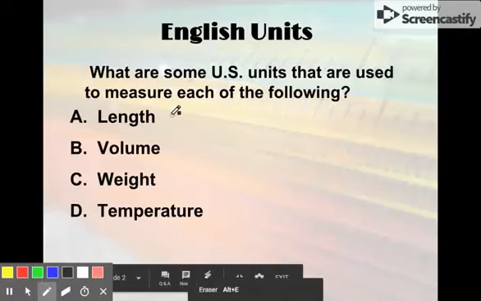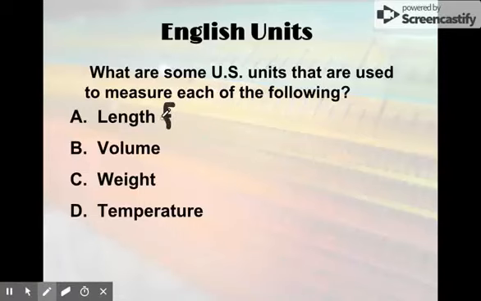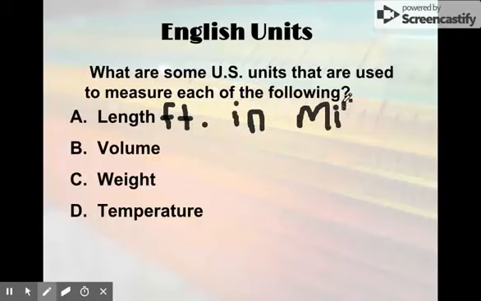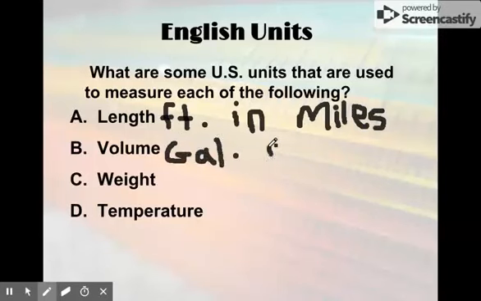So for length, the most common one we would probably see is feet, or inches, or miles. For volume, we most often use the gallon, is the most common one. You buy your gas in a gallon, or a pint.